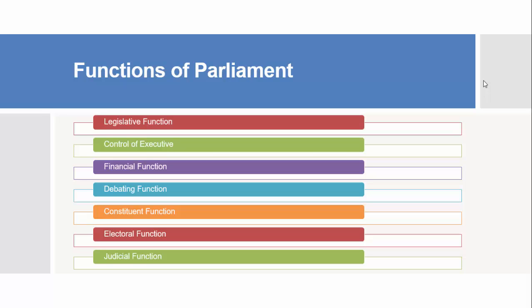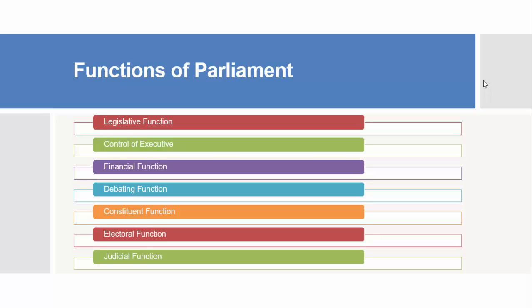Firstly, we will discuss legislative function of Parliament. The Parliament enacts laws for the country. It makes laws on the subjects included in the Union list. It can make laws on the subjects included in the state list under special circumstances.